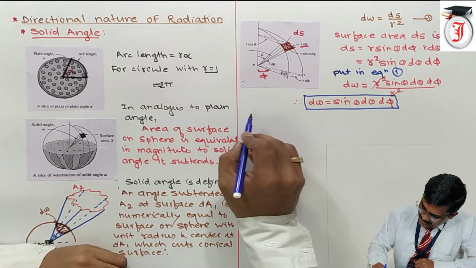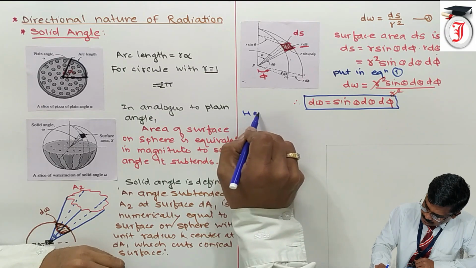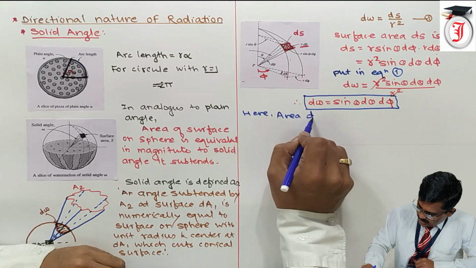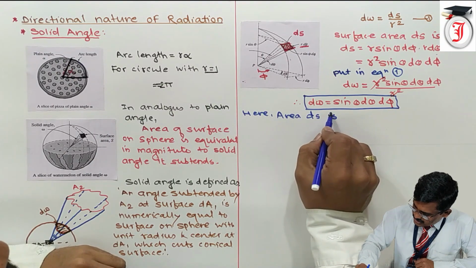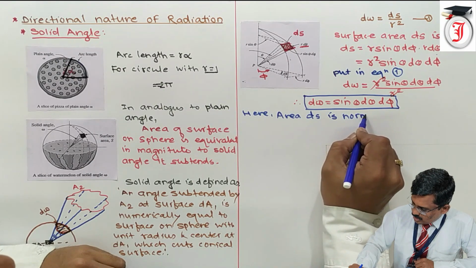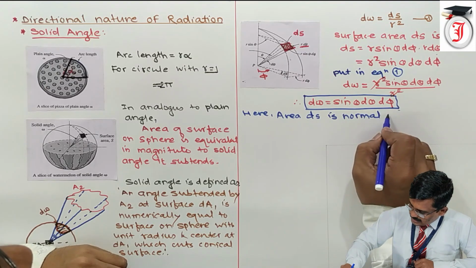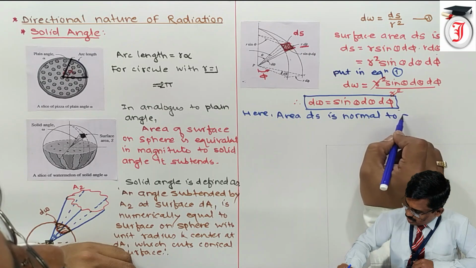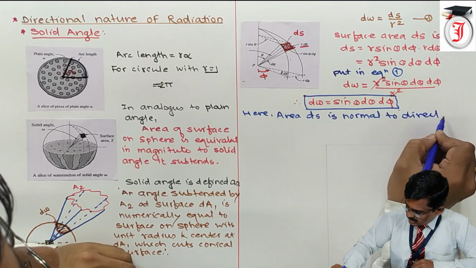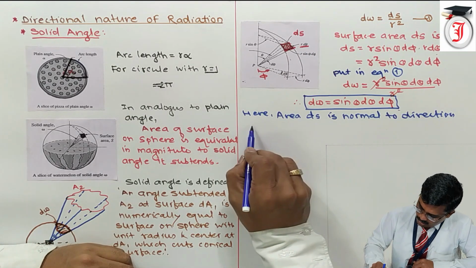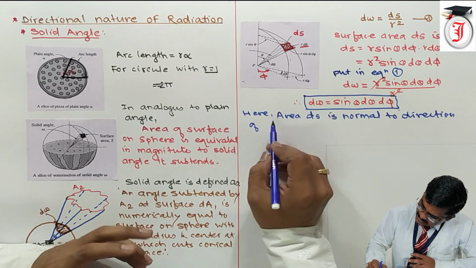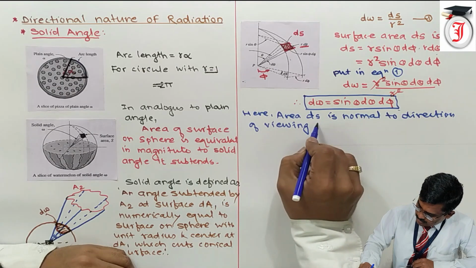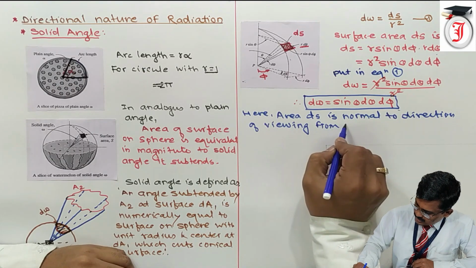Now this area ds is normal to the direction of viewing from the center.